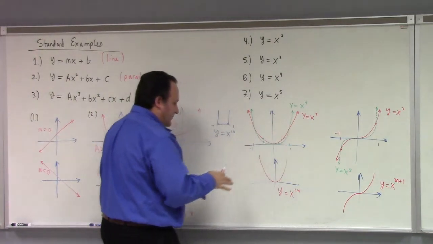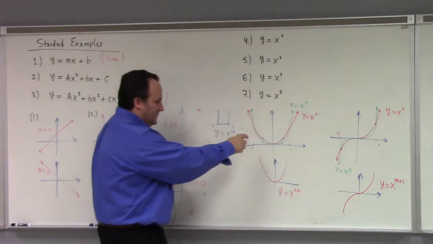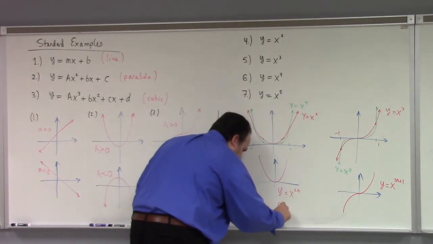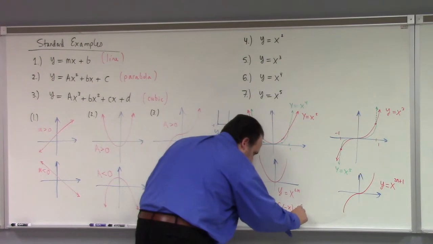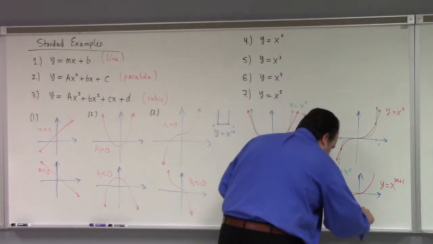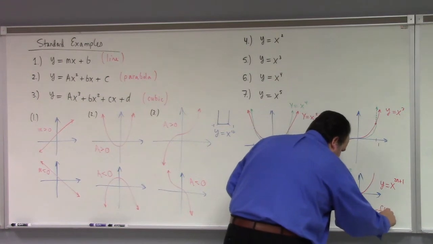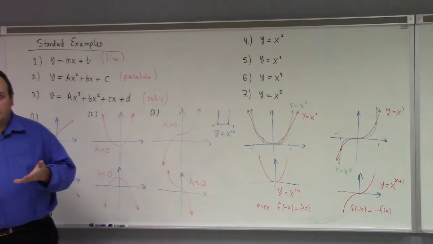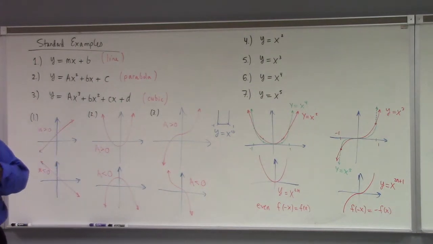Notice that, have we talked about this before? I don't know if we have or not. These are what are called even functions, right? Even function has f of minus x equals f of x. Odd function has f of minus x equal to minus f of x. So if you look at the graphs of y equals x to an even power, it has this symmetry, right?